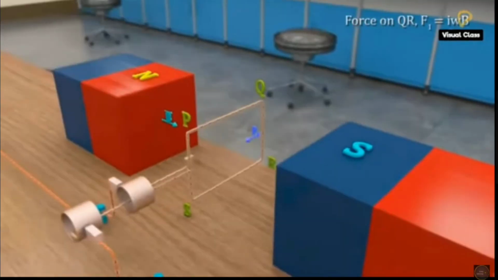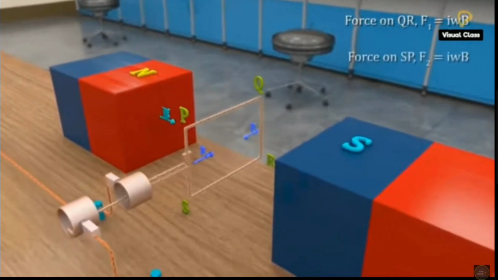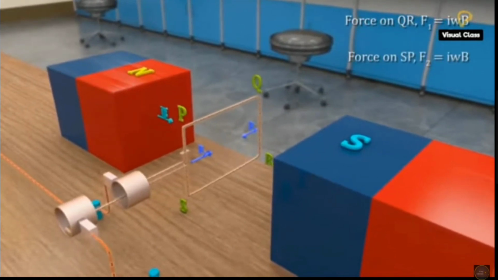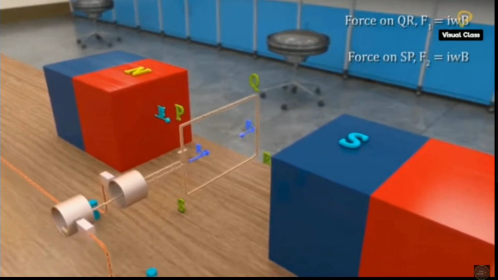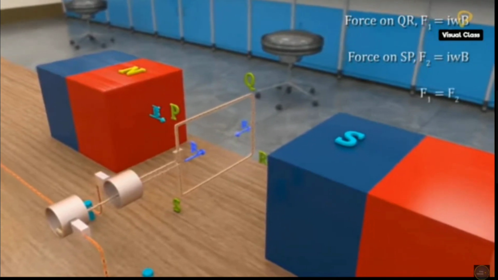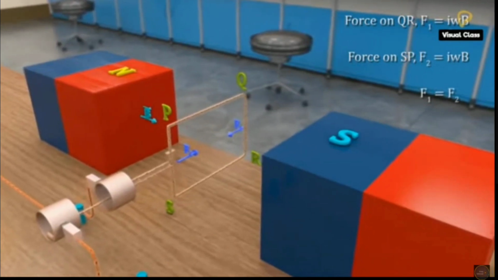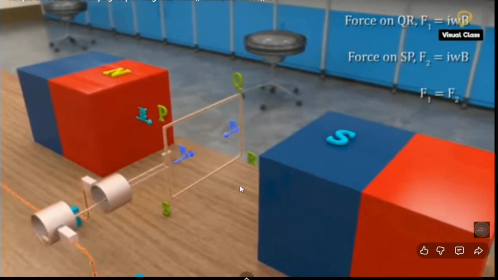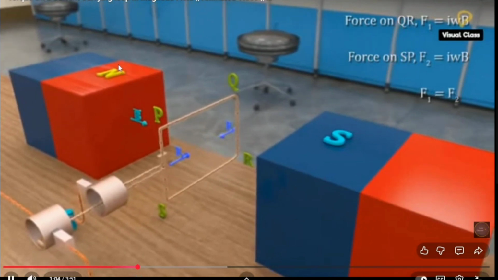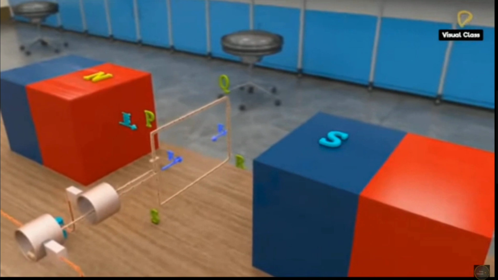Magnetic force F2 on SP, that is equal to IWB, turns out to be opposite to F1. As you can see, forces F1 and F2 are equal in magnitude, opposite in direction, and have the same line of action. Hence, the resultant effect on the loop is zero.